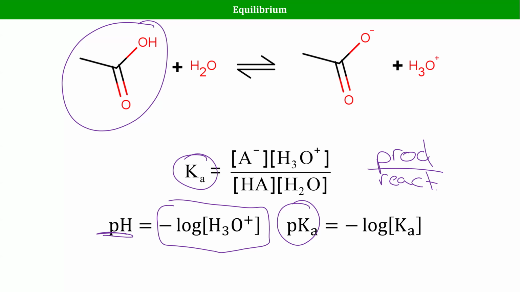Basically, if Ka is greater than 1, that's almost our definition of a strong acid. Because remember, in terms of equilibrium versus just going to completion, we said that a strong acid just meant we treat it like it dissociates 100%, right?